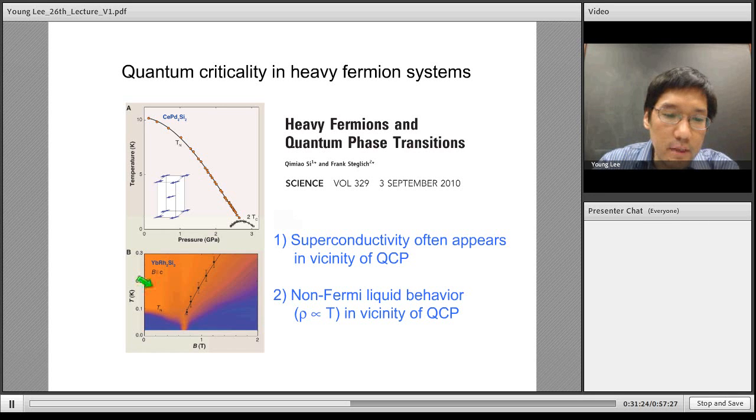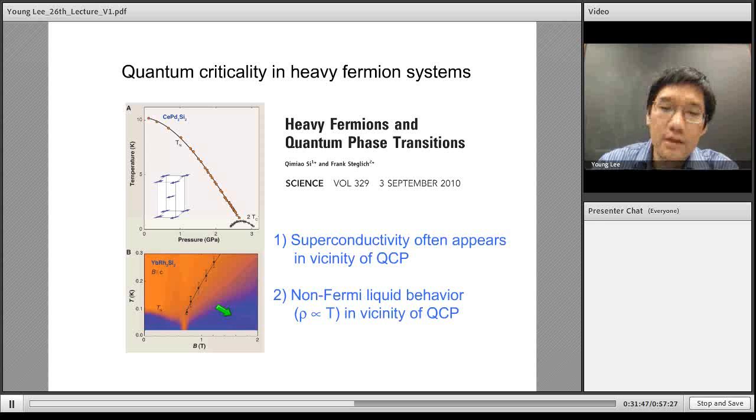In this other compound here, this is a color contour plot of the exponent in the resistivity versus temperature. This red means that the exponent is close to 1, where the blue or purple is the exponent being close to 2.